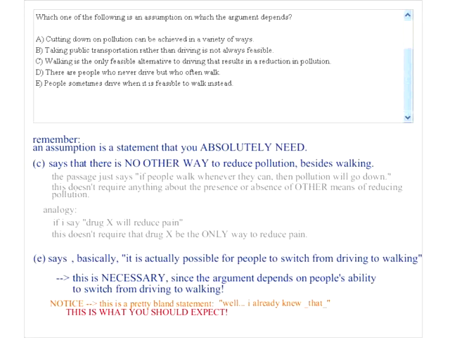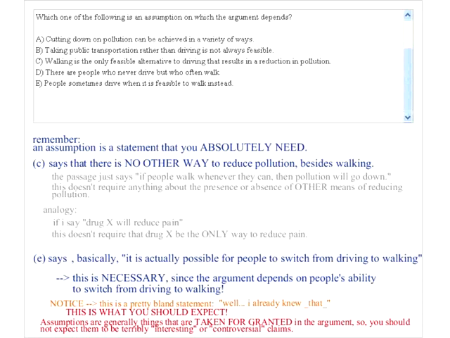Assumptions are generally things that are taken for granted in the argument, so you should not expect them to be terribly interesting or controversial claims. Just make sure you're looking for statements that are very bland and not very extreme.